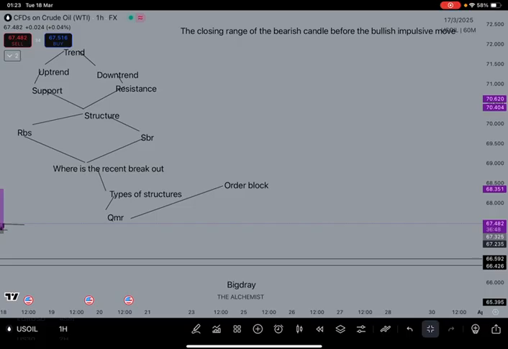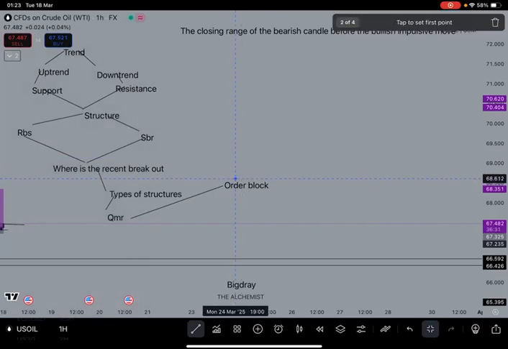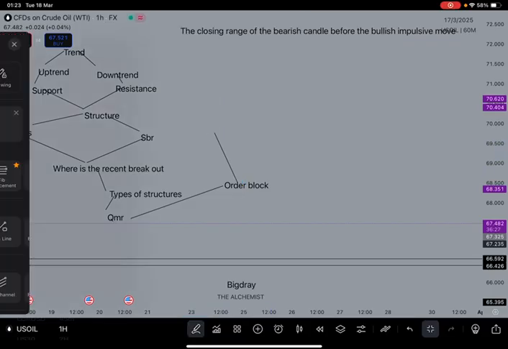Also, the order block I just explained now, most of the time, if you switch to a higher time frame, it's always an OCL. Let me discuss OCL also before we move forward. OCL means open close level. That's the meaning.